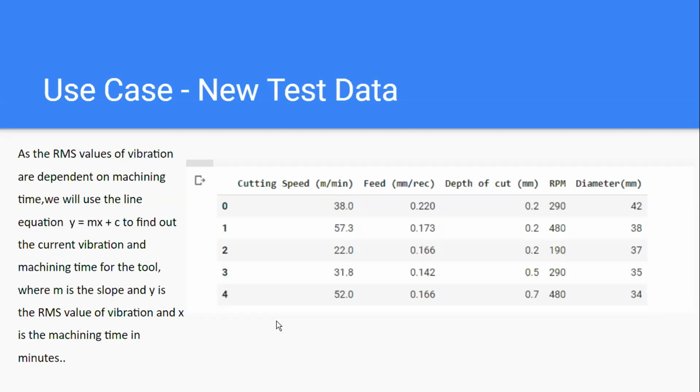So the last two, RPM and diameter, are finally giving you the cutting speed. Yes, sir, but what I was informed was that these are the parameters that can be configured by the user. No, the cutting speed, RPM and diameter have a dependency. They cannot be independently configured. The feed and depth of cut are fine.